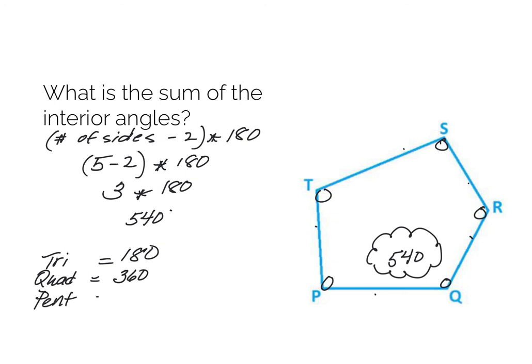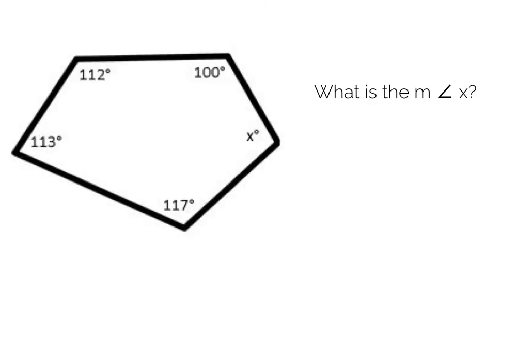Pentagon, 5-sided, 540. Hexagon, an additional 180, which brings us up to 720, and so on, each time adding an additional 180. Now that you know that pentagons, was this a pentagon? 1, 2, 3, 4, 5. Pentagons have 540.